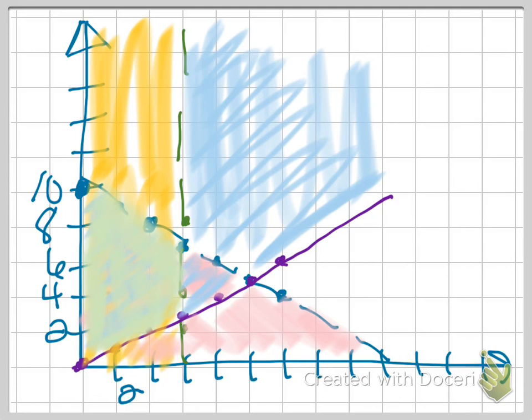But we know that we can't go out on the basketball court and score half a point. So any answers that live in this area are going to need to be whole numbers. We cannot have fractions. We cannot have decimals.